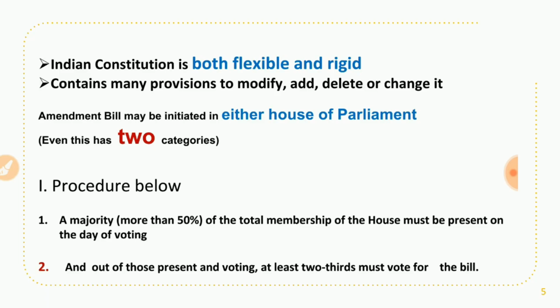It contains many provisions that can be modified, added, deleted or changed. The amendment bill may be initiated in either house of the parliament, that is Lok Sabha or Rajya Sabha. There are two categories for amending, and the procedure is different in each. In the first case, a majority of more than 50% of the total membership of the house must be present on the day of voting, and out of those present and voting, at least 2/3 must vote for the bill.